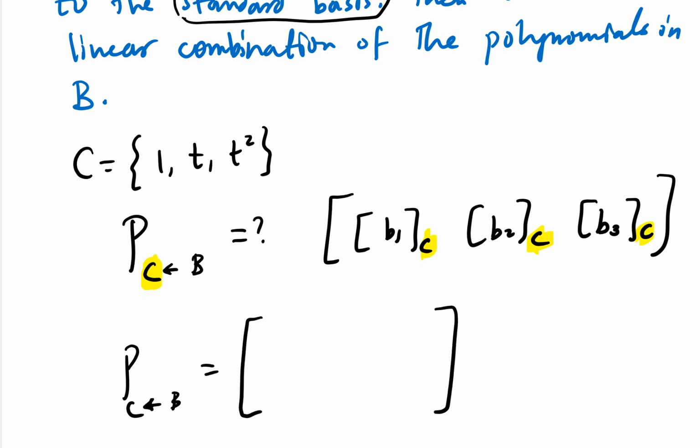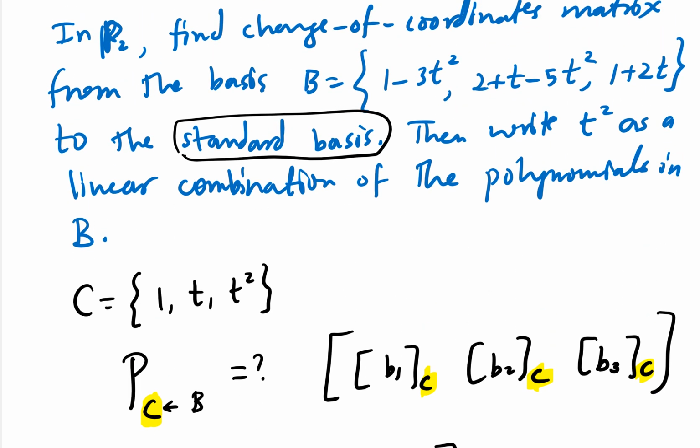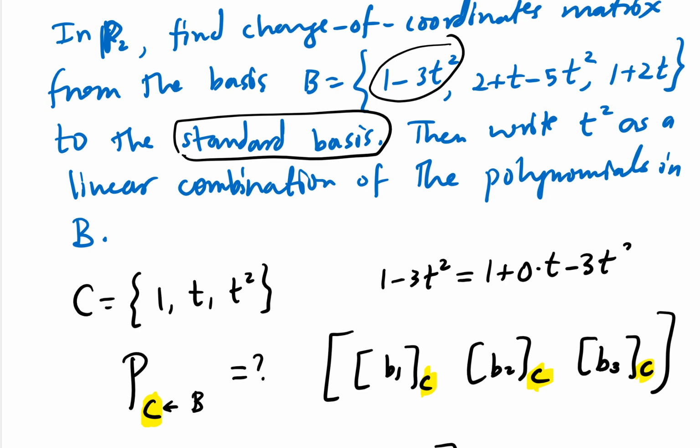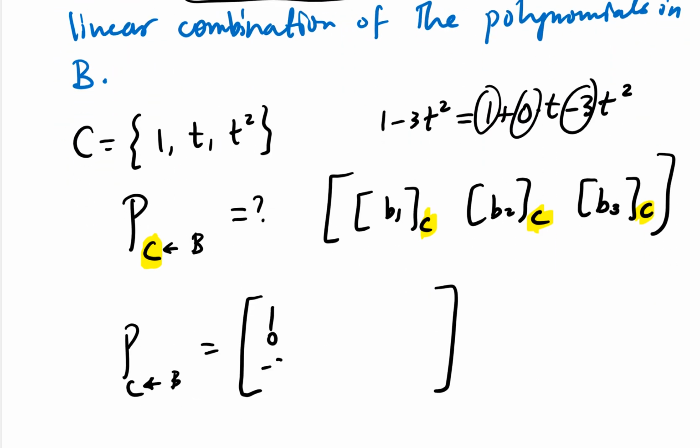We go for the first one, [B1]C. What is [B1]C? Well, we go back to what we have here. We have 1 minus 3t squared. You can write it as 1 plus 0t minus 3t squared. So we have 1, 0, negative 3.